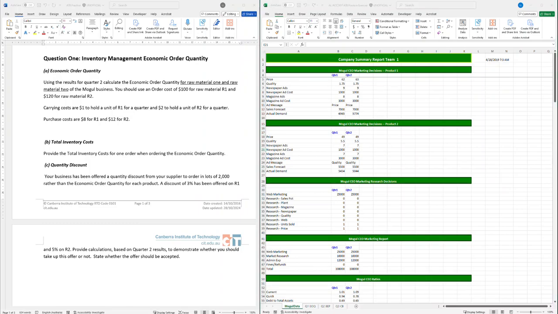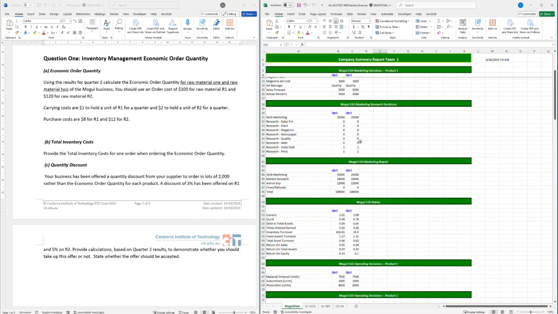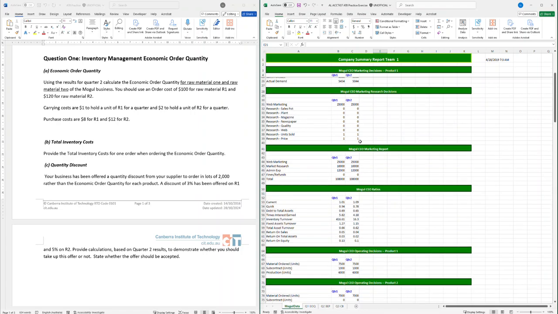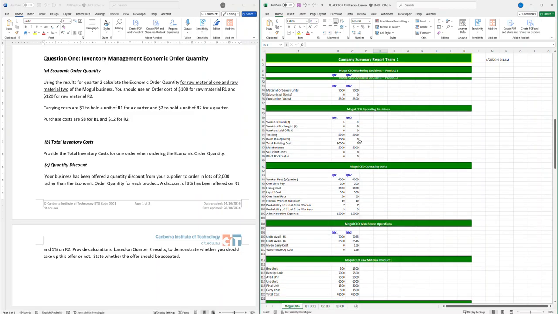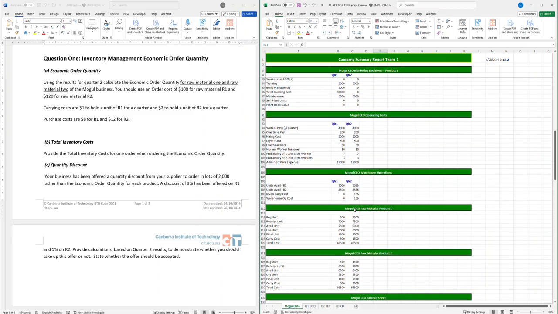So let's go through the material here and see where we can find it. Let's go to the raw material section to start with. There we go. So there's raw material 1 and raw material 2, and the units used in the production are 600 and 5,500 for quarter 2.